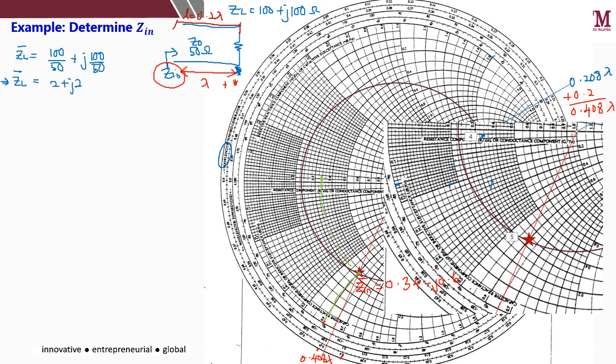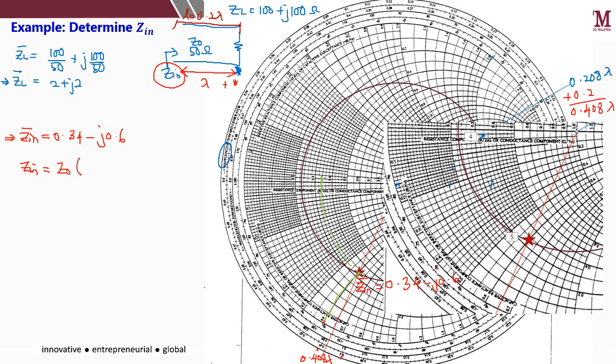Right, so don't forget this is your normalized Z-in. So normalized Z-in equals 0.34 minus J0.6.